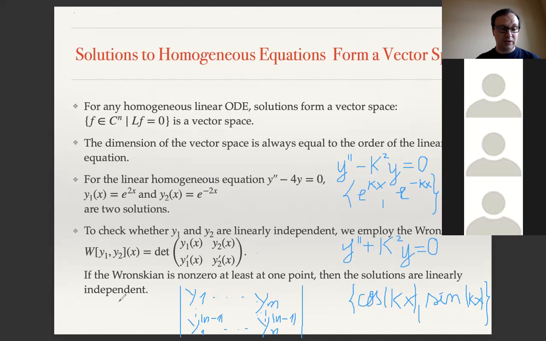Let me write here: the Wronskian of the two functions x squared and x times absolute value of x actually is always 0, but the two functions are still linearly independent. So this example is due to Peano.